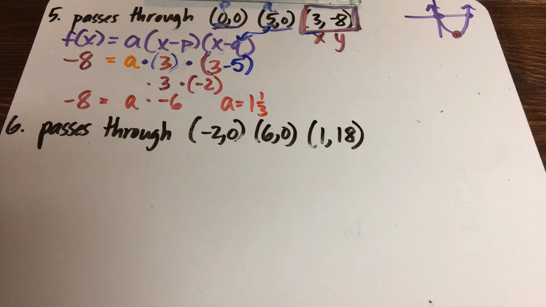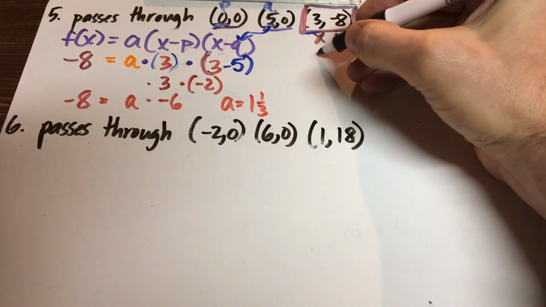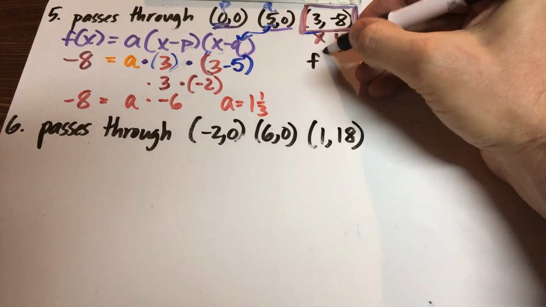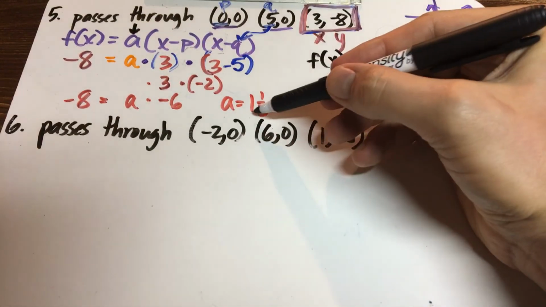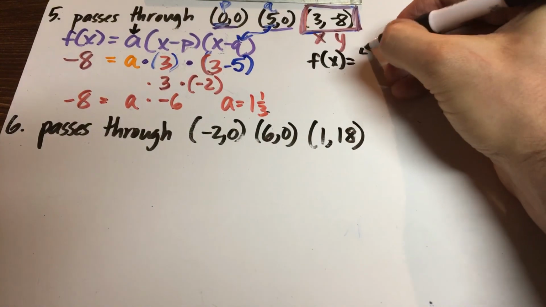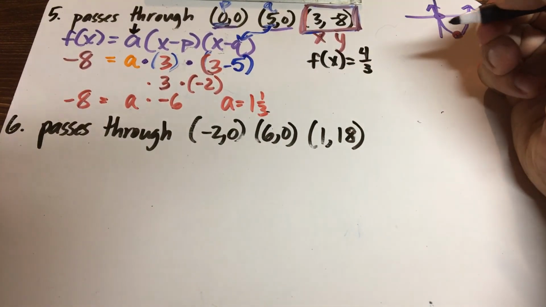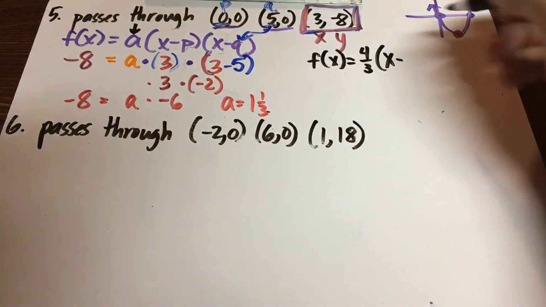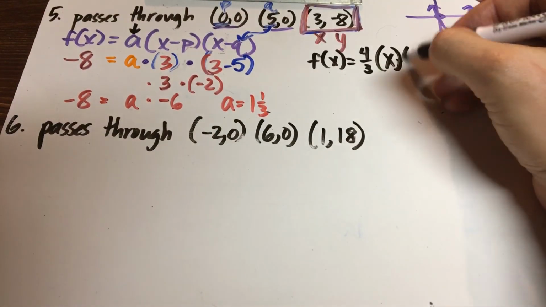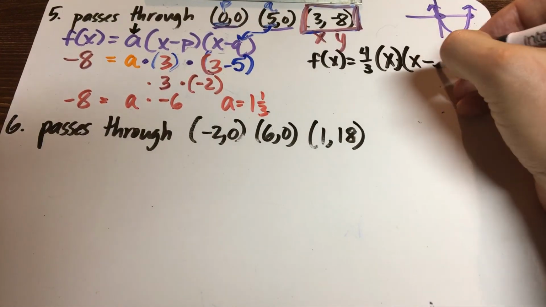So now, I'm almost done. I'm ready to write my official answer. If the question said write it in intercept form, here's what I would have. The letter A right here, I know what this is now. It's right here. I just found it. I'm going to put 4/3 instead of 1 1/3. I know that I had just a minute ago x minus 0, which I'm just going to put the x there, and then I had x minus 5, right?